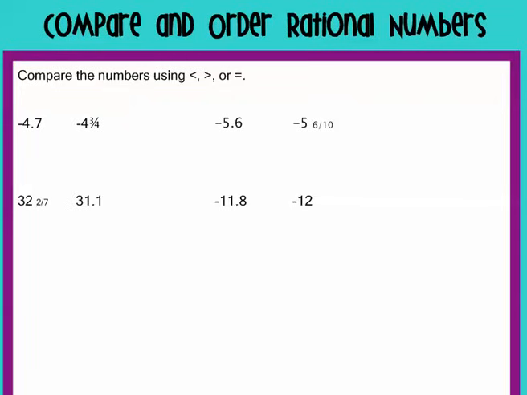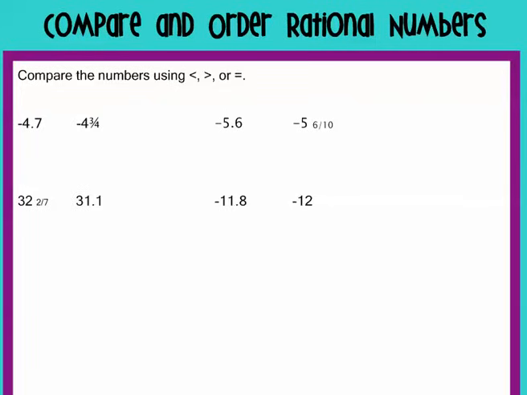We're just going to start by practicing comparing numbers using the less than, greater than, or equal to sign. And in our first example, we see negative 4 7/10 compared to negative 4 3/4. It might be easier when you have decimals and fractions in the same problem to do conversions if you're not comfortable with comparing them in their current format.